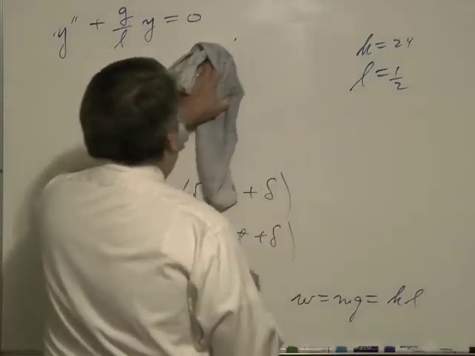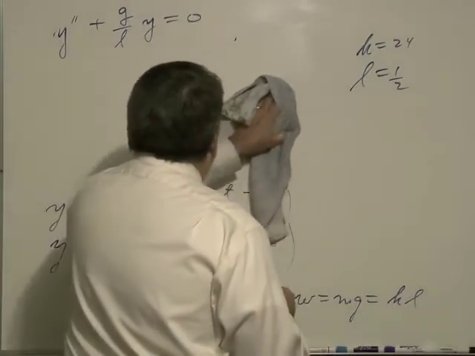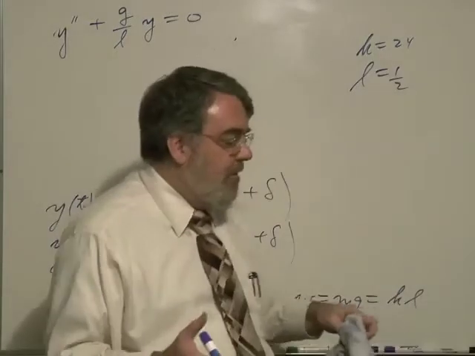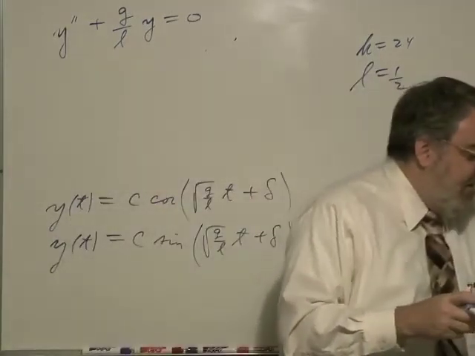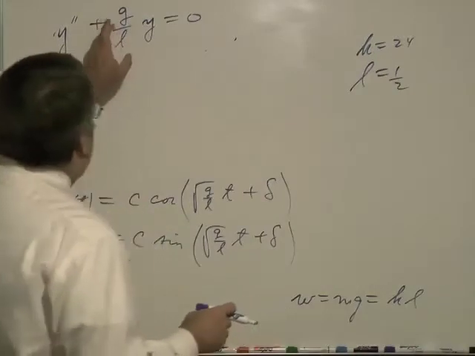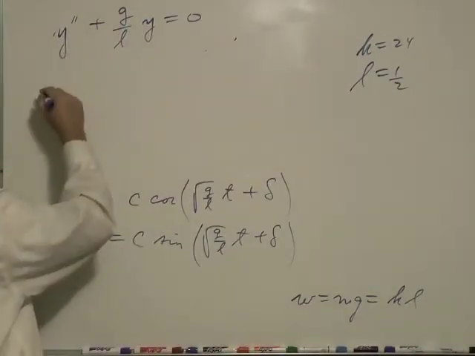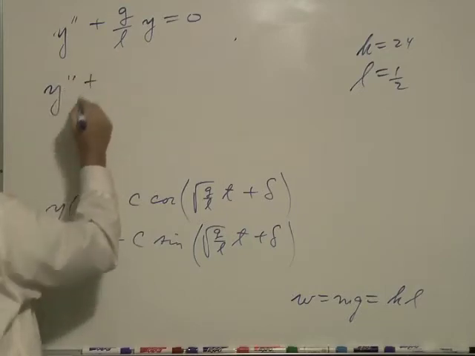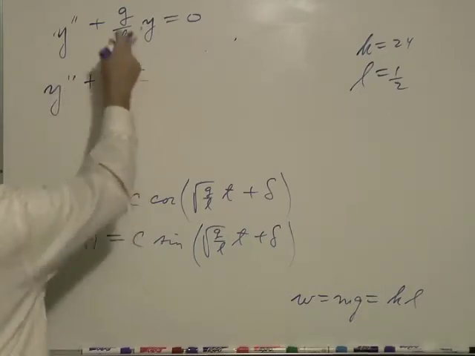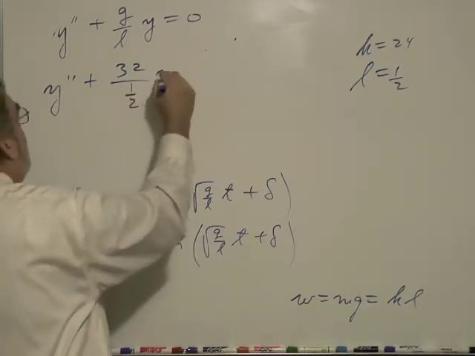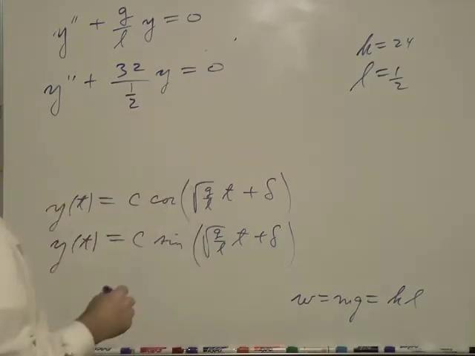All right. Well, but do I really need k here? Well, if I wanted k, I now have it. But the way I've got this set up, I've got g over L, so maybe I don't need it. When I plug the numbers in, y double prime plus 32, g is 32 because we're working in English units, over length 1/2, times y equals 0.